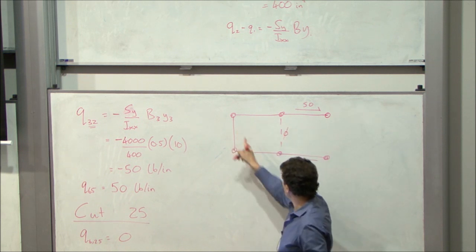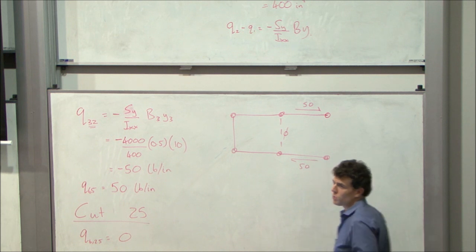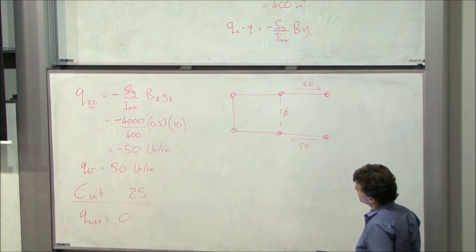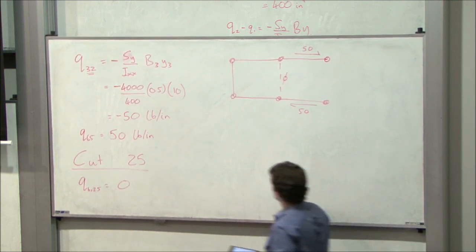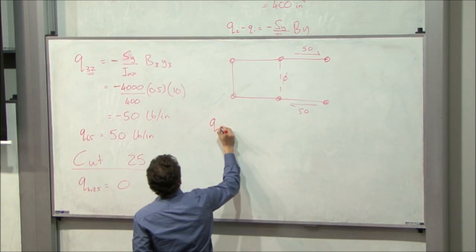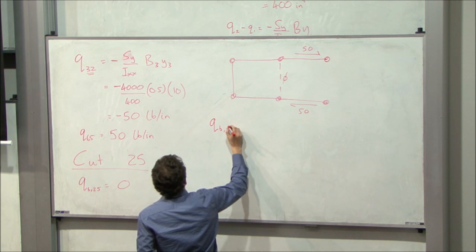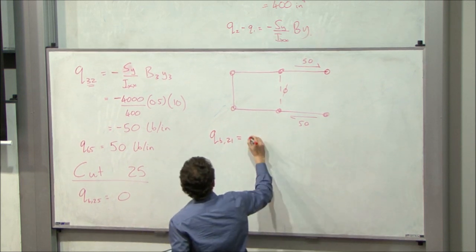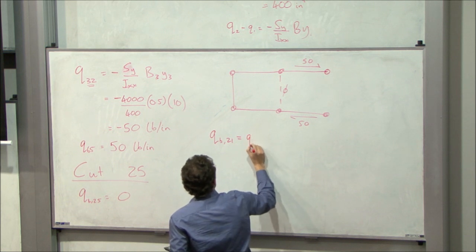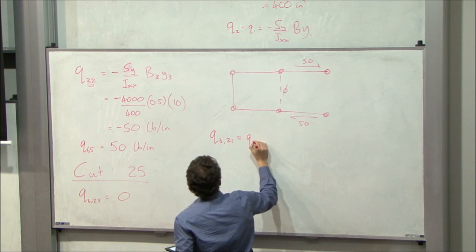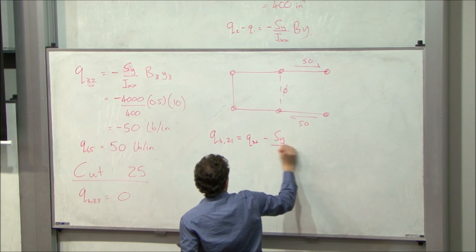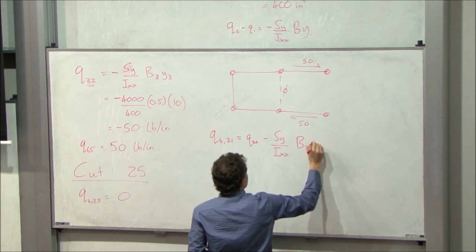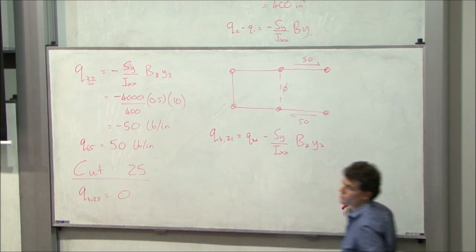So we can start working out the qbs around our loop here. qb 21 equals q32 minus Sy on Ixx B2 y2.